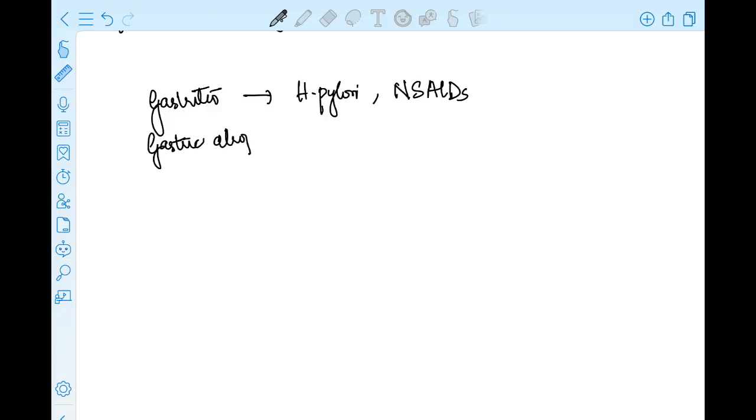Then there is something known as gastric atrophy. Gastric atrophy is the shrinkage and weakening of stomach muscles and glands. So, the cause is chronic gastritis, autoimmune diseases. Not AIDS, it is autoimmune diseases. Okay, these are some of the reasons. Then we have peptic ulcer.